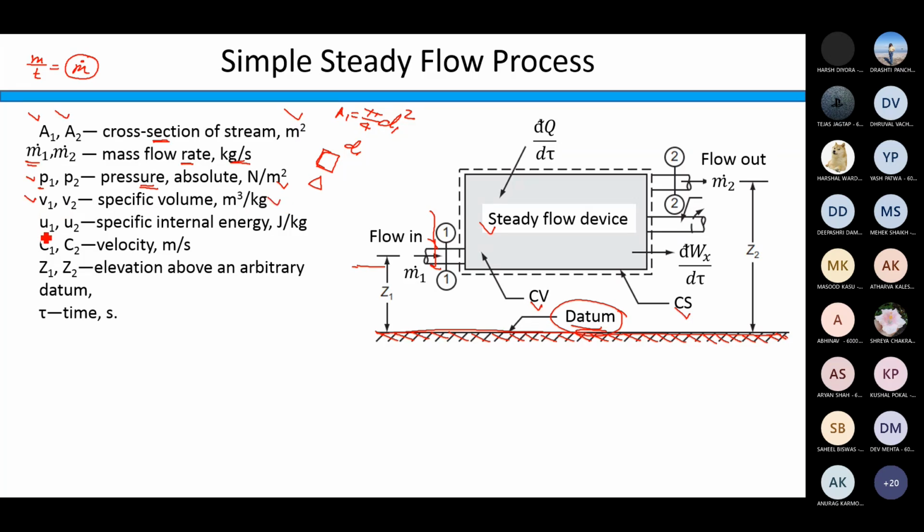Then the specific internal energy. Capital U is the total internal energy per unit mass, specific internal energy. So U1, U2 are the specific internal energy at inlet and exit, measured in joule per kg. And C1 and C2 are the flow velocities at inlet and outlet, which will be measured in meter per second.